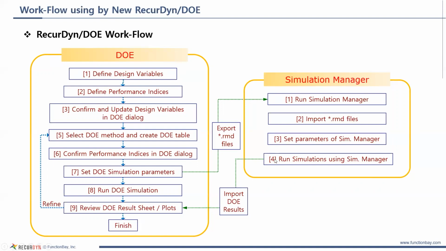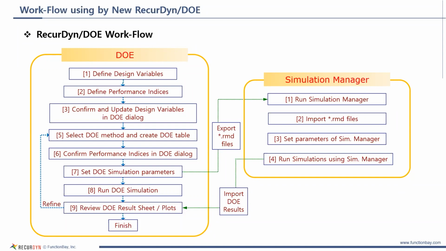And then after that, you would import those DOE results back into the DOE GUI, and that's where you could review your results. You can look at the results in tabular format, or also create various plots to review the data.